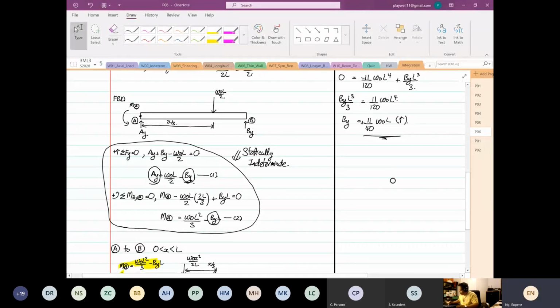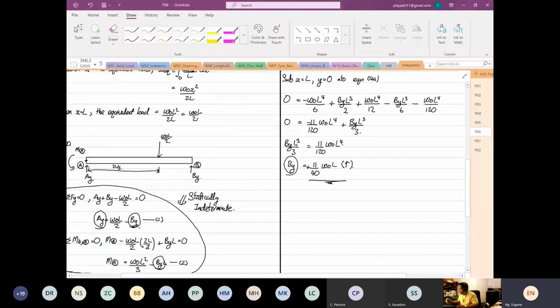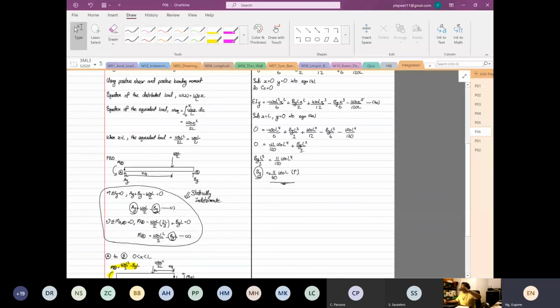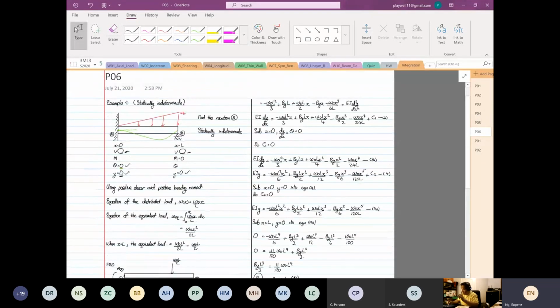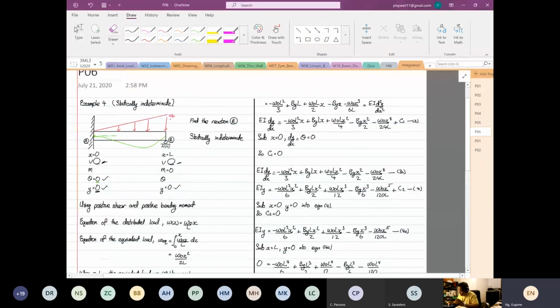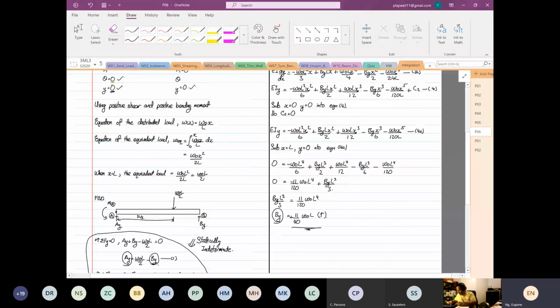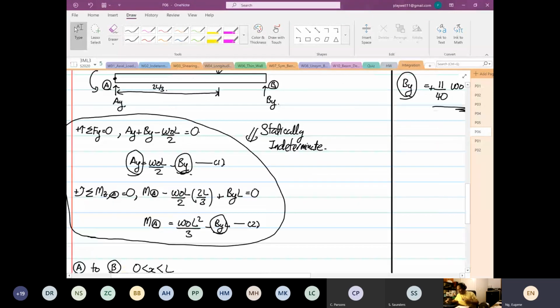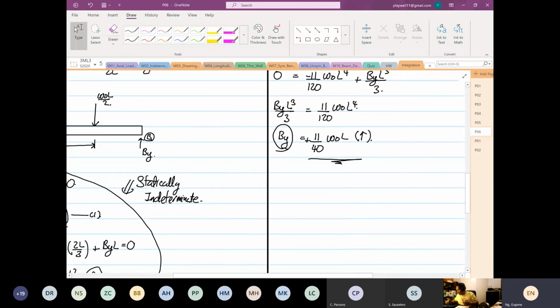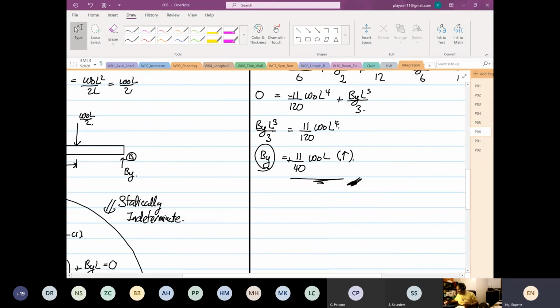At the end of the day, we are trying to solve for By, so that is why I have taken this route. I'm not saying you can't do it with the integration method, integrating four times; you can still do that. I decided to choose this method because I realized I'm going to try to find By, so I need to express the equation as a function of By. Then I can solve for By, as you can see down here.